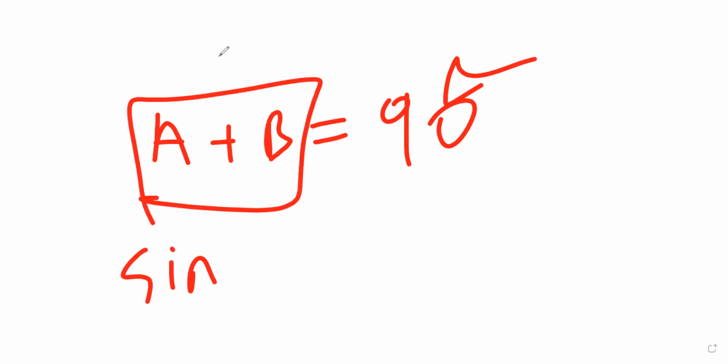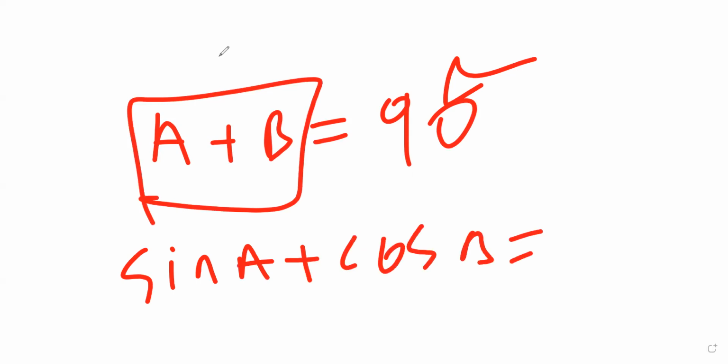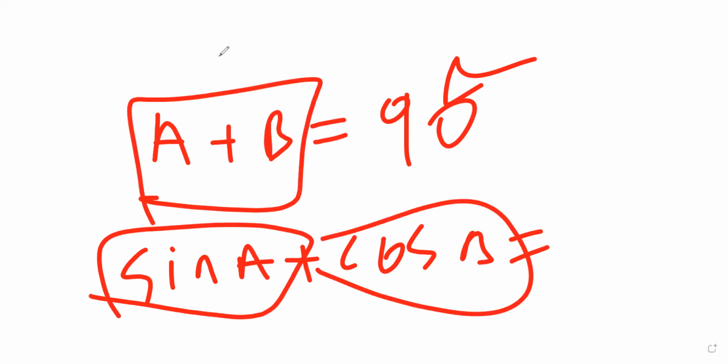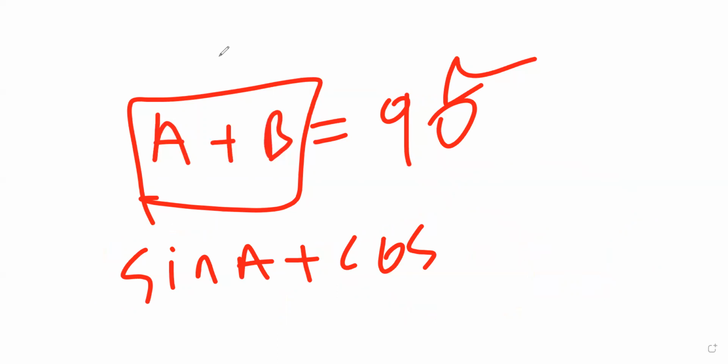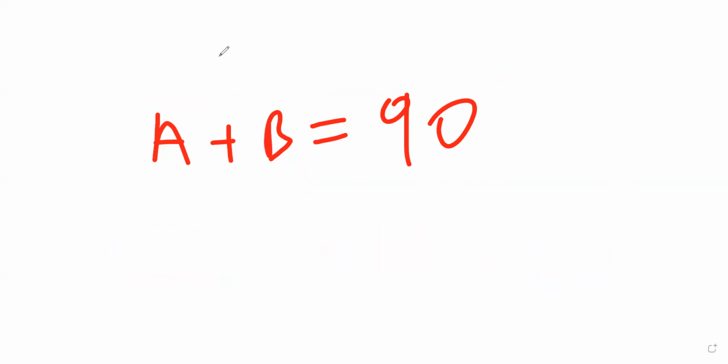It doesn't matter which one you want to say, sine A or sine B. Let's say sine A plus cos B, when you work out the angles, they should give you 90, which is the same thing that this is saying. So we just found A, the first angle, in terms of the sine function.